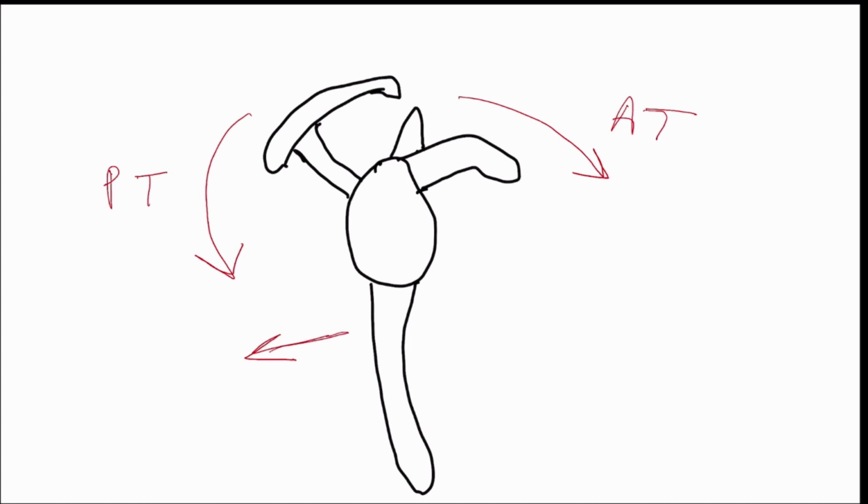During normal scapular movements, the scapula tilts posteriorly, it retracts and it externally rotates. But if the pectoralis minor is tight, what will it cause? It will cause the anterior tilting and internal rotation of the scapula, which is pathologic.